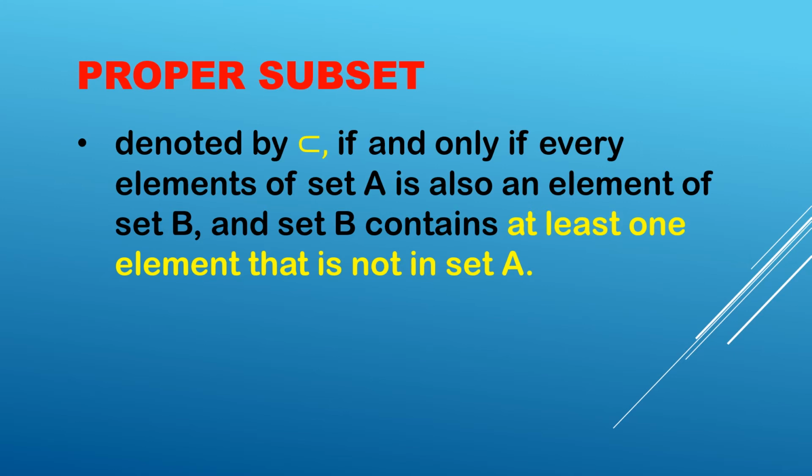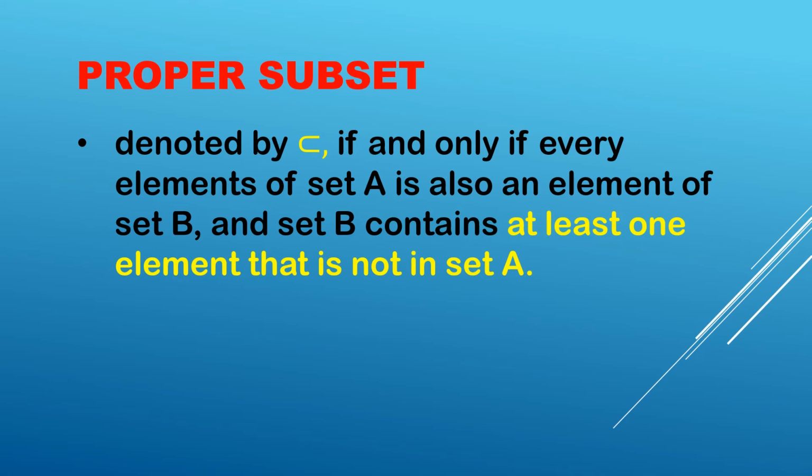So how are we going to expand this definition? So ibig sabihin lang na dapat hindi pwedeng mag-equal yung dalawang set. Okay? Dapat may natirang elements si set B compared kay set A. So, hindi mo siya dapat pwedeng mag-equal yung mga elements ng dalawang set para matawag natin siyang proper subset.